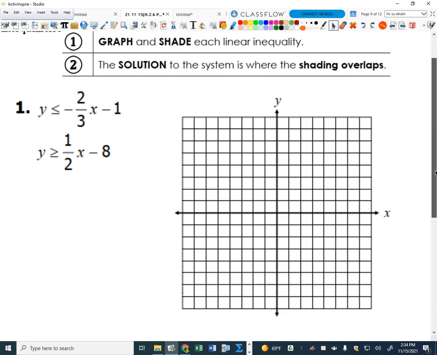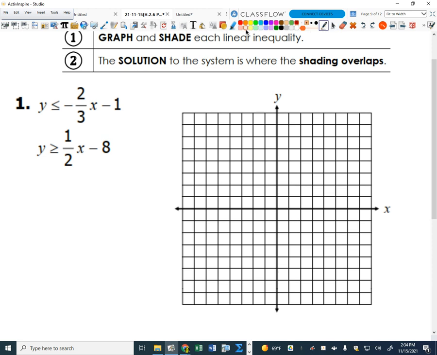So let's find both of these then. Let's take this first one. This is going to be red. Okay, you guys know how to graph this, no big deal. I start with the y-intercept. Where is that? -1. My slope triangle is telling me to rise how much and run how much?